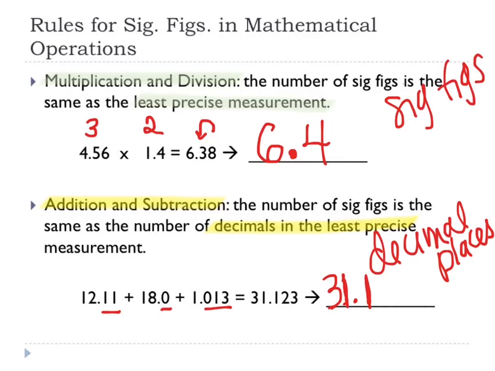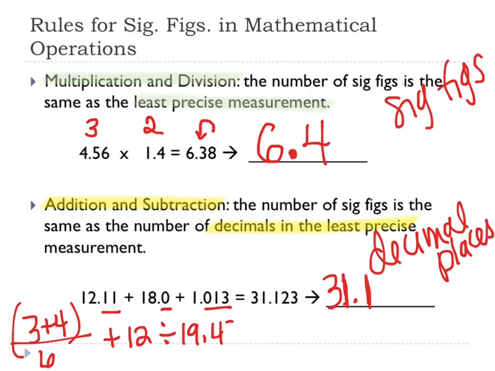Now, what if we had a problem, say, I'm going to write it over here, 3 plus 4 in parentheses divided by 6, plus 12 divided by 19.43. So we've got all these little operations going on in there, right?